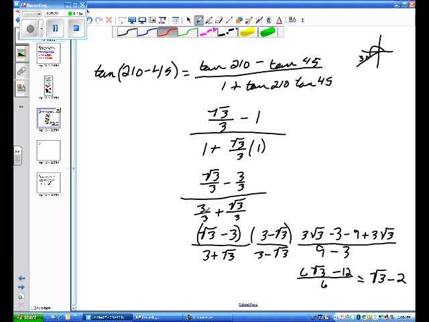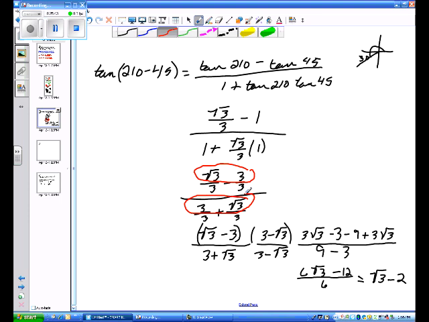You simply got you a common denominator for your numerator and denominator. Then they canceled, and that left you with your fraction that was this numerator over this numerator. Then you had to rationalize.